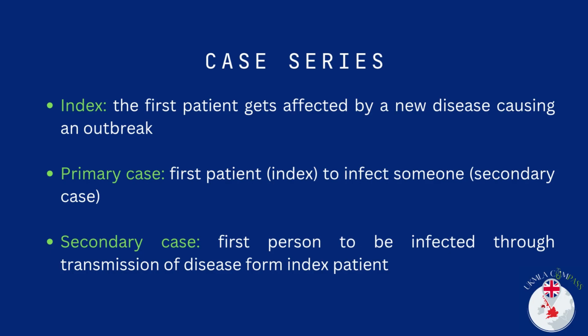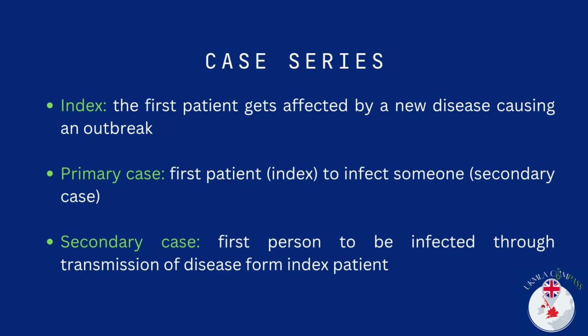Okay, second, we have the primary case. The primary case is Sam also, but if he infected someone else. If Sam, for example, is in a relationship with Maria, if Sam infected Maria and caused the disease to be passed on, then this means that Sam has been a primary case to us.